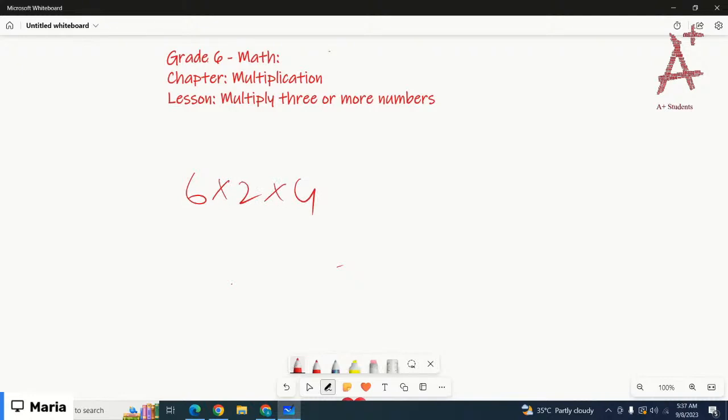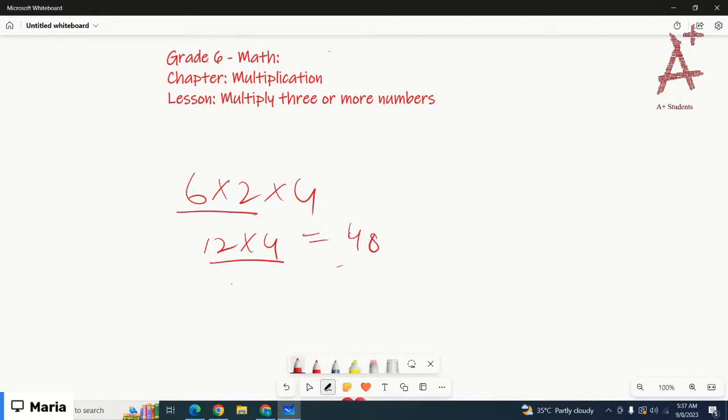So which is the correct option? Just make a group. 6 times 2 is 12. Now you have to do 12 times 4. So 12 times 4 is 48, right?